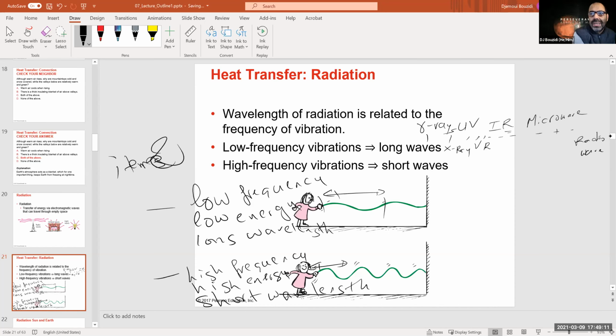So that's why I was saying this is high energy, high frequency, short wavelength. This is on the opposite side of the spectrum, low energy, low frequency, a long wavelength, okay? So that is basically the spectrum. Our eyes were conditioned somehow to see things in this range and this range only, okay?